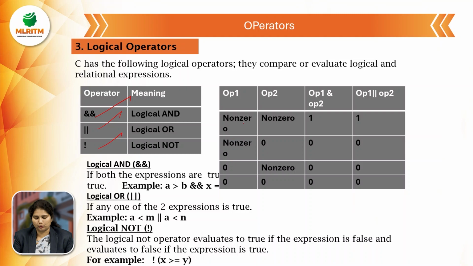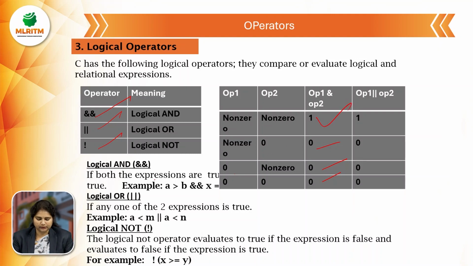If both are false, then the output is 0. Non-zero means true, and zero means false. If both are true, then the result is true.